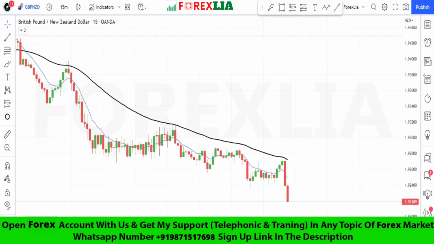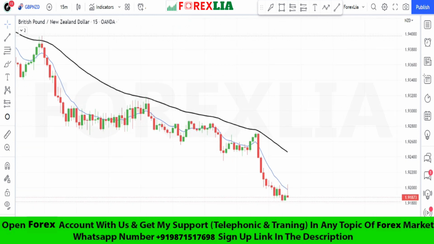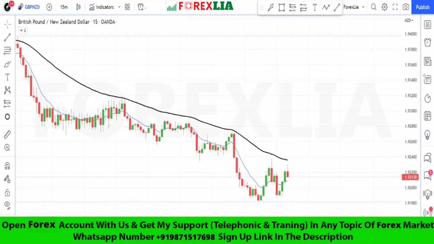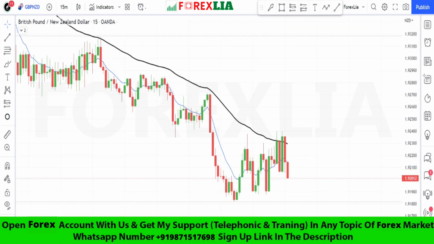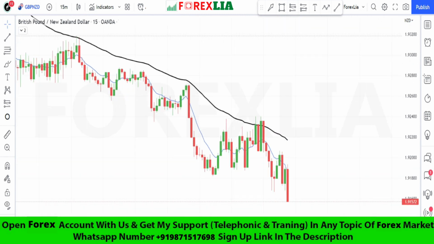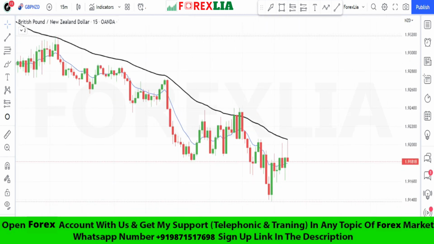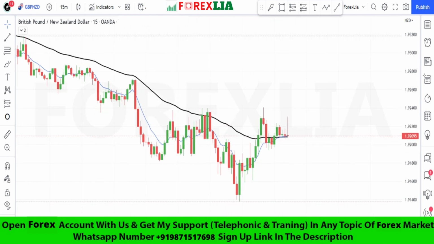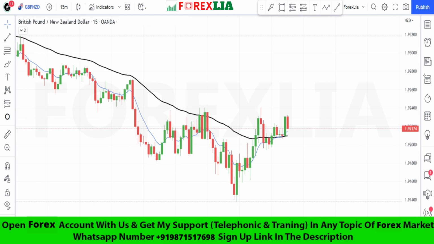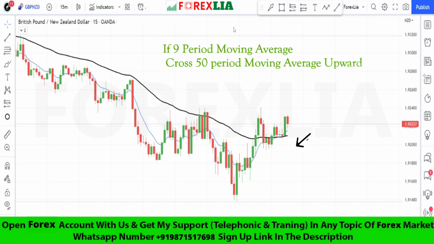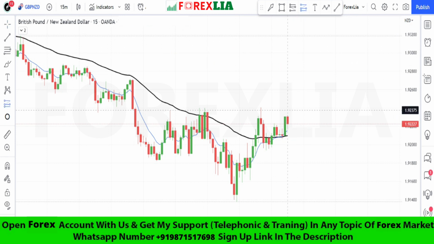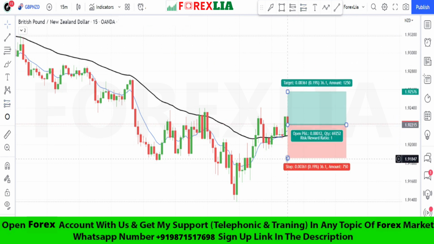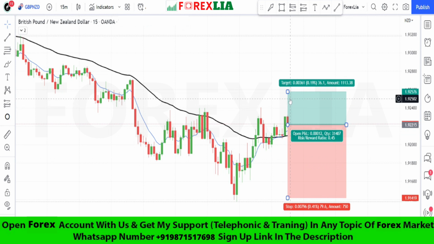If 9-period EMA cross 50-period EMA upward, then we take a buy trade. Here is buy signal confirmation. We place buy trade here. We place stop loss previous low point.